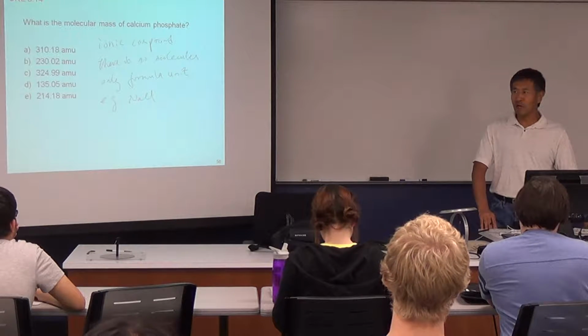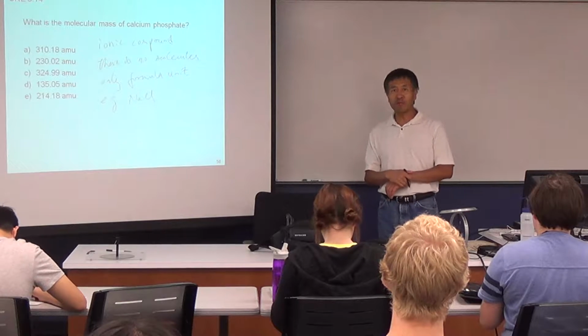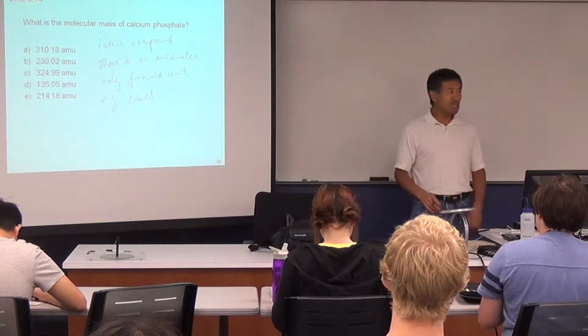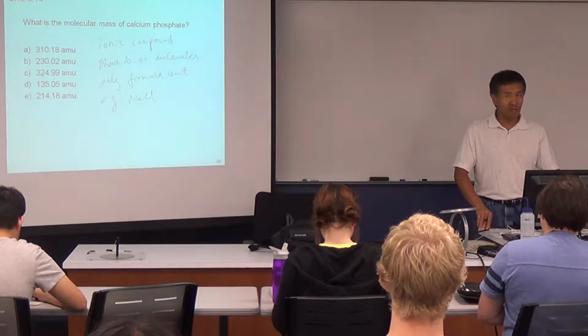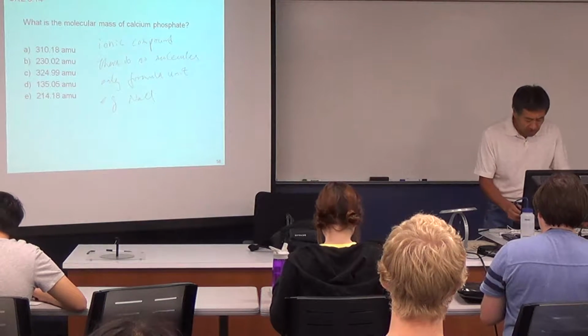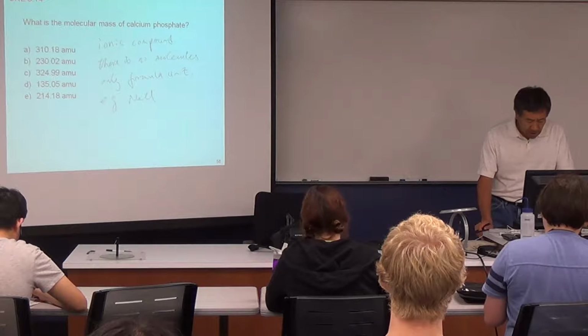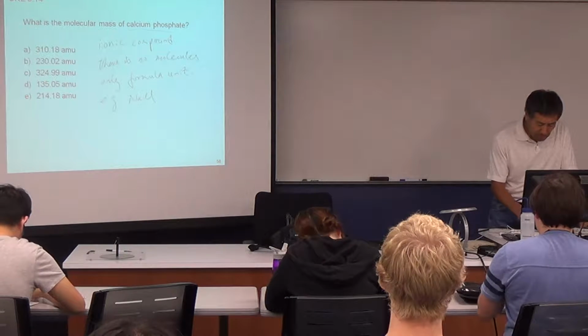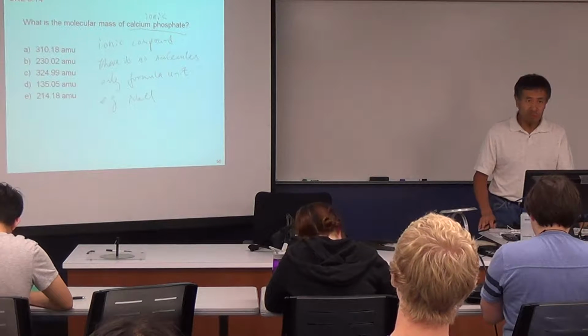But when you do the calculation, if you have the formula, you just read the formula carefully, see what is in the formula, and calculate what the total mass is. For this example, what we did Tuesday, I think most of you got it right. This compound is also ionic.